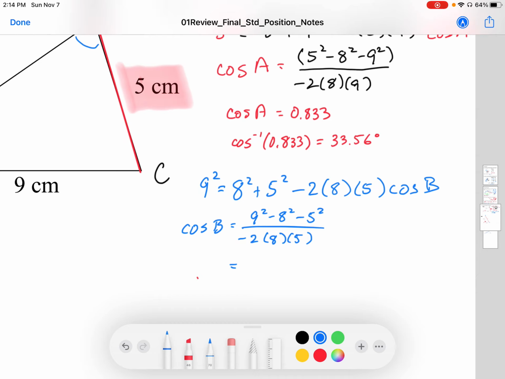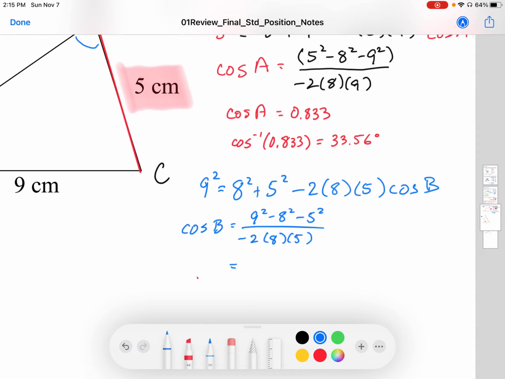Typing that all into my calculator. Okay, and I'm going to end up with, looks like 0.1.